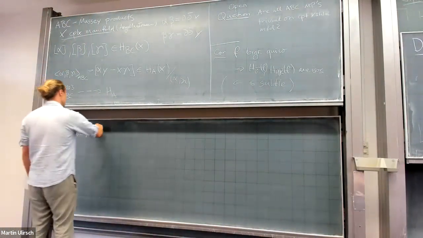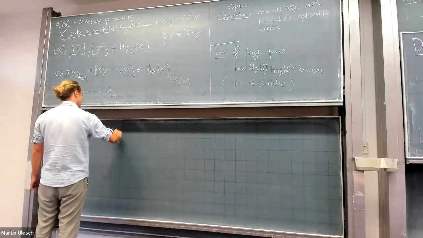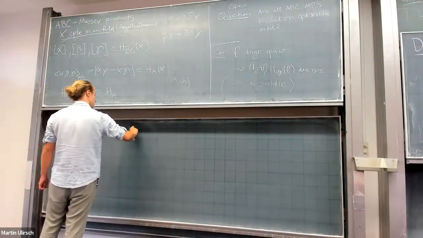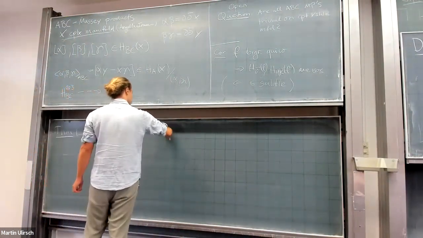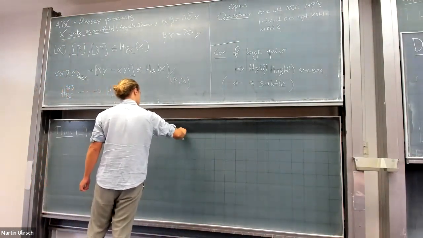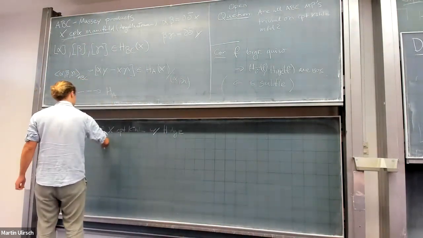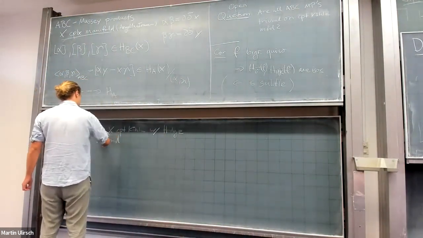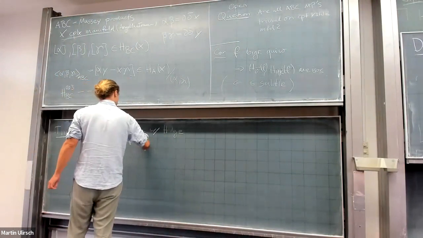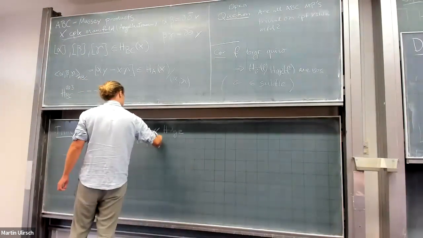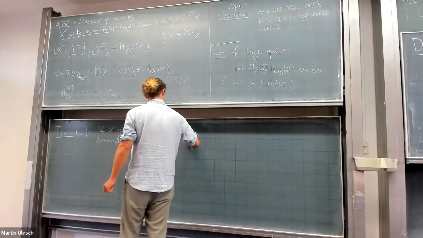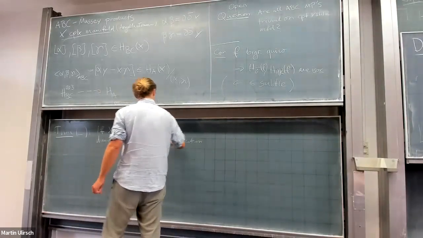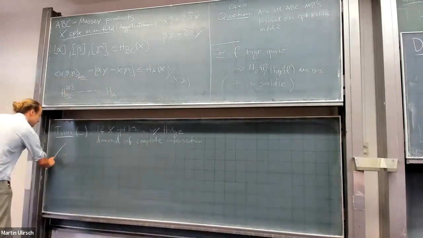It says that if X is compact scalar with the Hodge diamond of a complete intersection, so I just mean this naively.